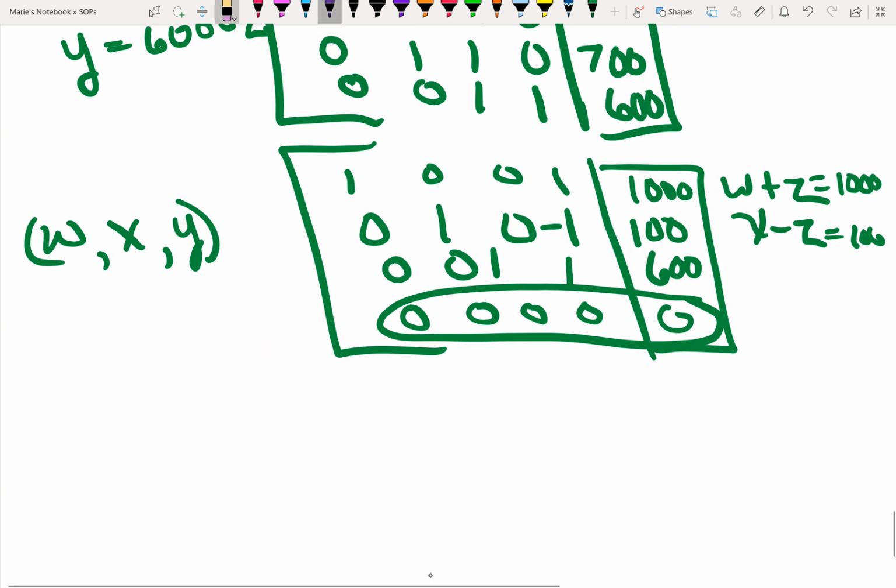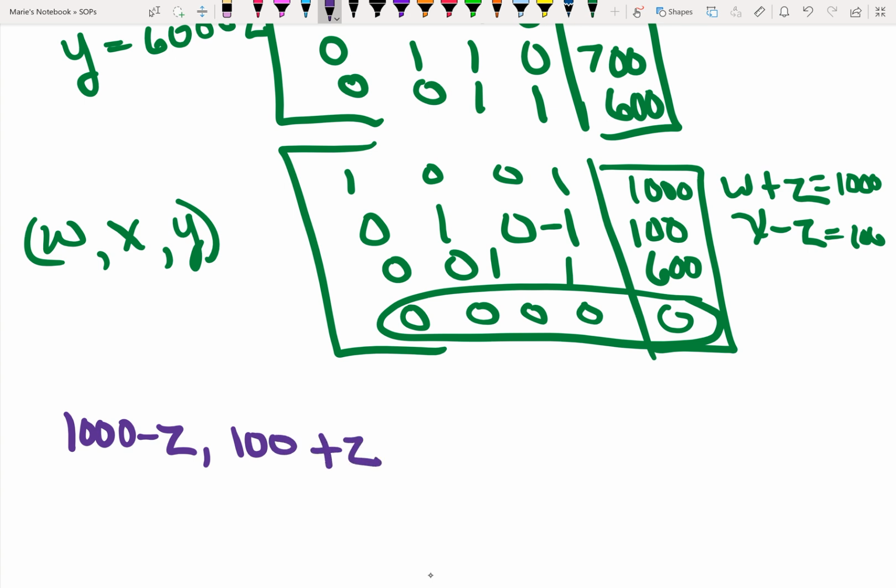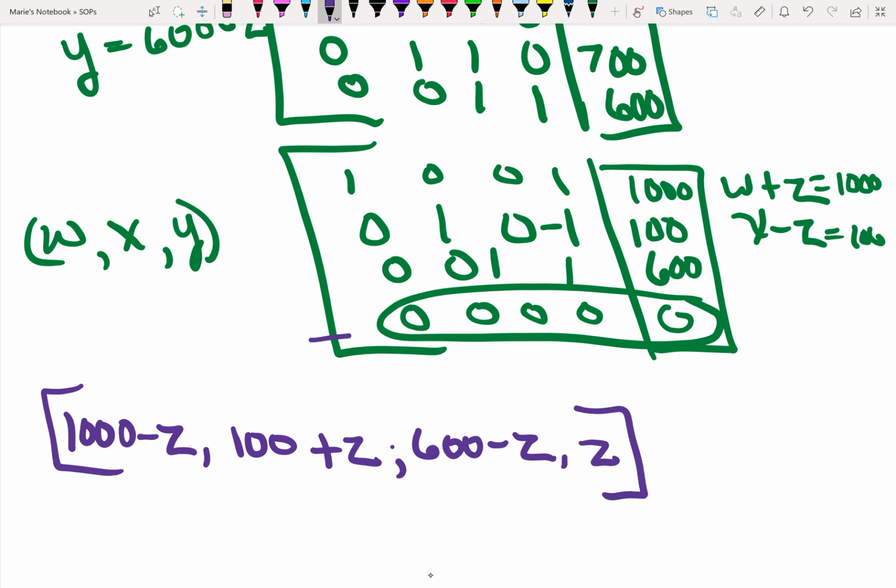All right, so let me write that down. So we end up with 1000 minus z, 100 plus z, 600 minus z, and then z, hence w, x, y, z. Because the z is getting zapped out.